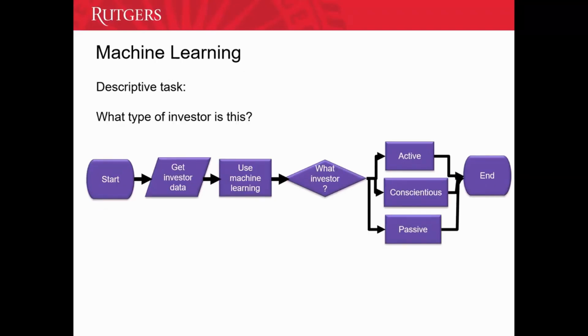So a second type of task that machine learning can achieve is descriptive tasks. An example of such a task would be describing the type of investor a particular investment firm is interacting with. So if, for example, an investment company has several investors, right?